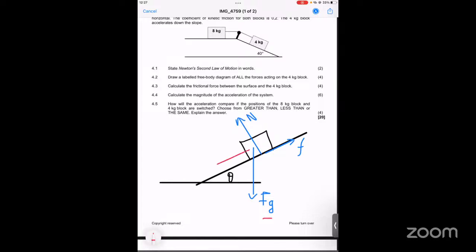So that means we will have the component of that force, which is FG parallel. The one for FG parallel is the one that has the sine. And then this one being the component in that direction is the one which is FG perpendicular. That is the one for cos of an angle.